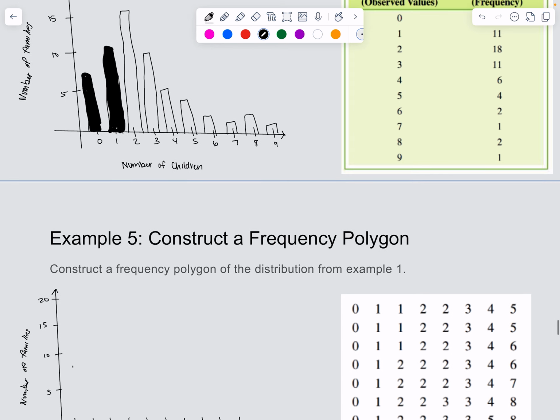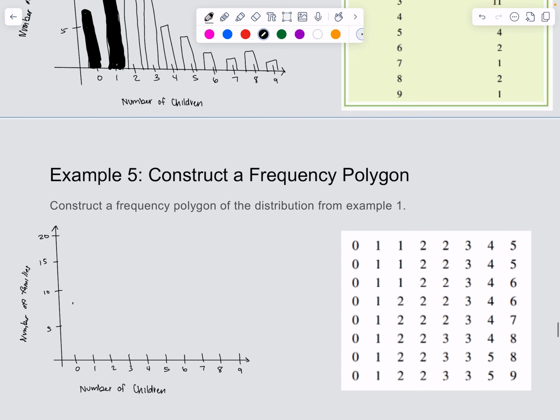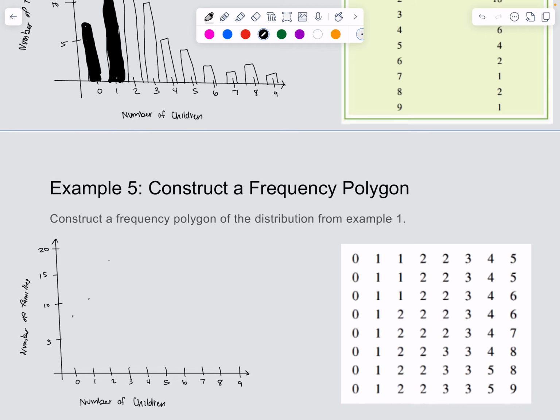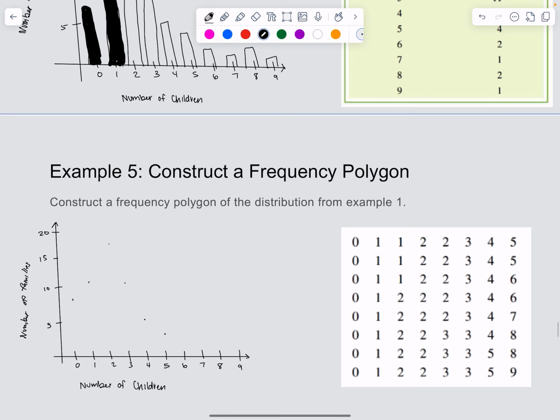And then at 1, we had 11, 18, 11, 6, 4, 2, 1, 2, 1.